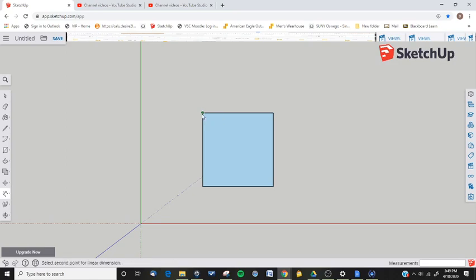I choose a point. That tool is then alive and active, but it wants to know what we're measuring, and that's exactly what we're doing. We're measuring the total length of that side there, and then we need to show where to put it. Then we can do that again, and we can say that for certain this is a 10-foot by 10-foot box.